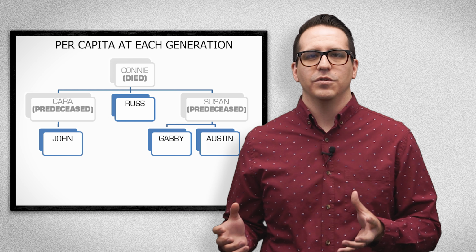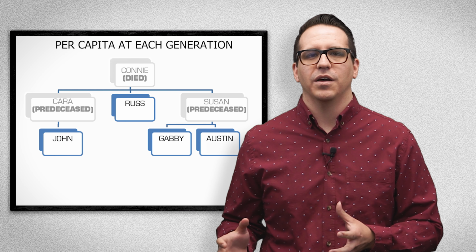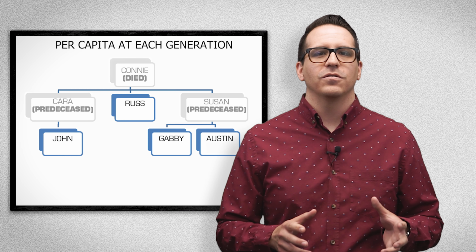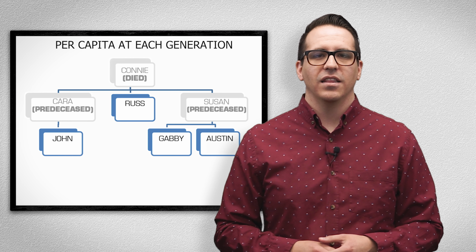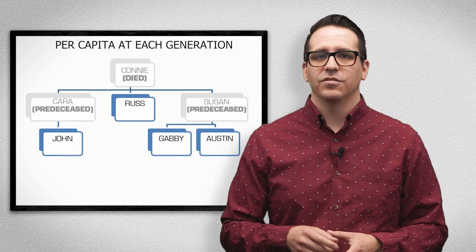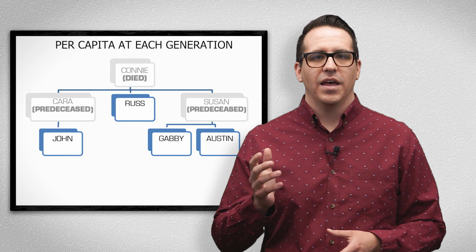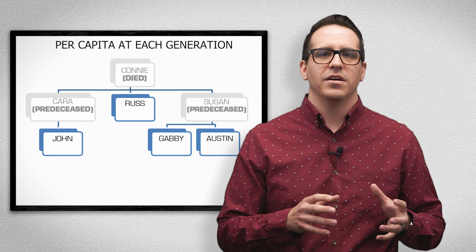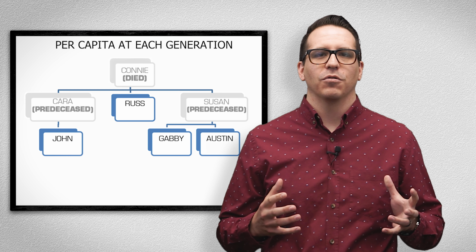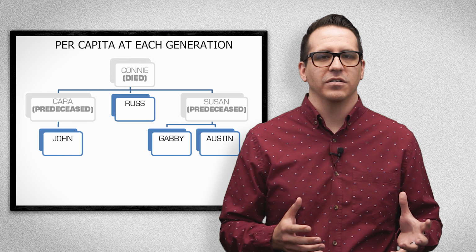To illustrate this, we'll use our same example with Connie and her family, but take it a step further and say that Cara also passed away before Connie and left 1 child, John. In this situation, Connie has 1 living child, Russ, and 3 living grandchildren, Gabby, Austin, and John. Under per capita, everyone receives a 1/4 share as there are 4 beneficiaries.